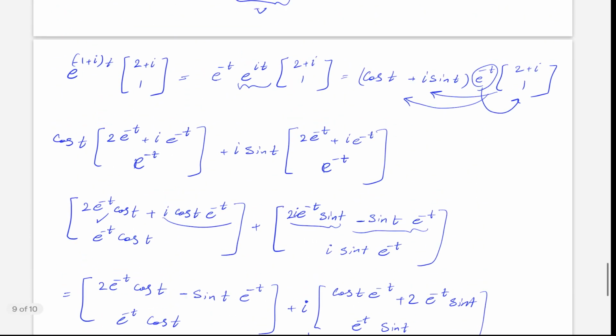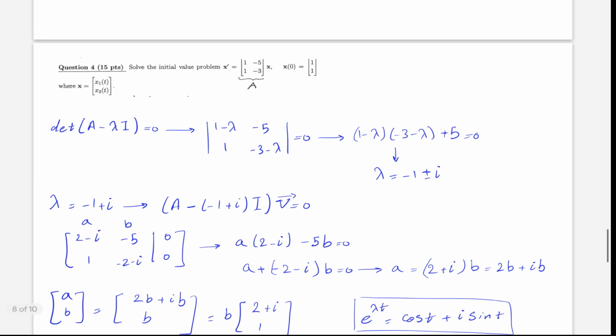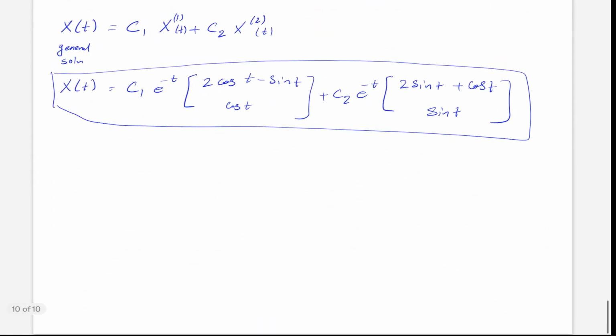But remember, in the question, they gave us the initial values as well. So this is our initial value, when x0 will yield 1, 1.